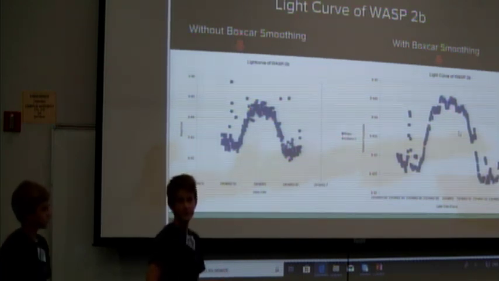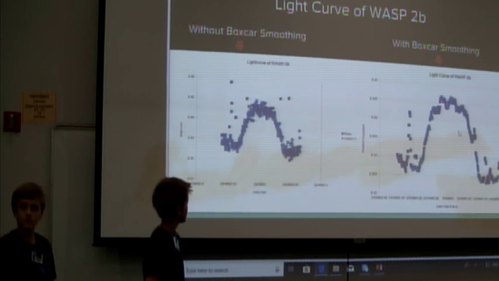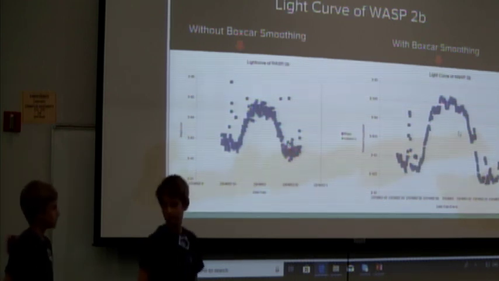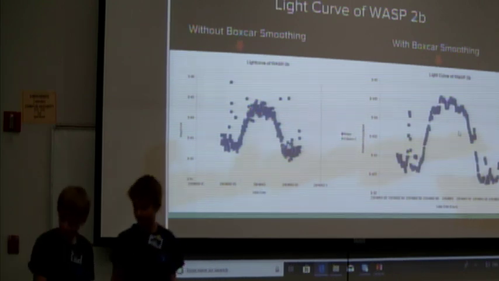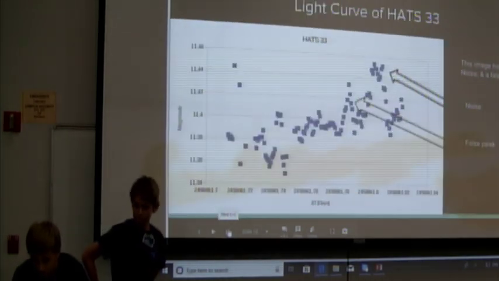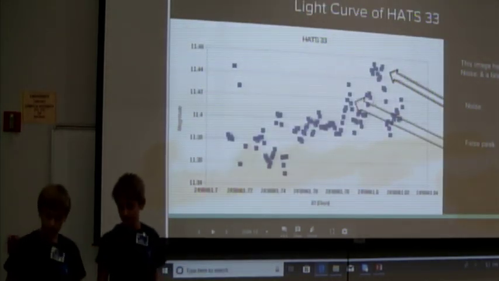Boxcar smoothing helps to get rid of all the noisy images, which is unneeded. And I'll also explain this.